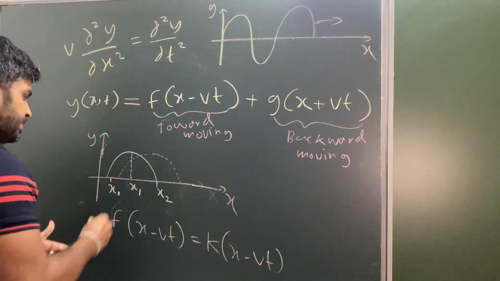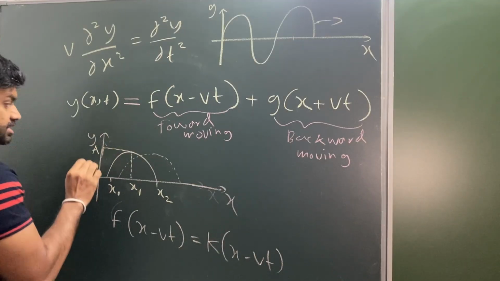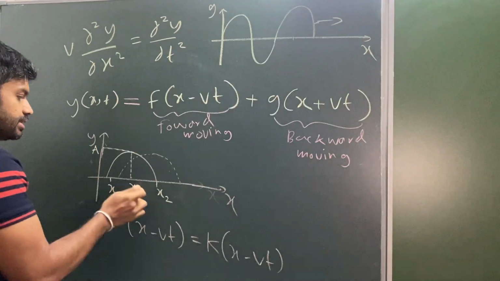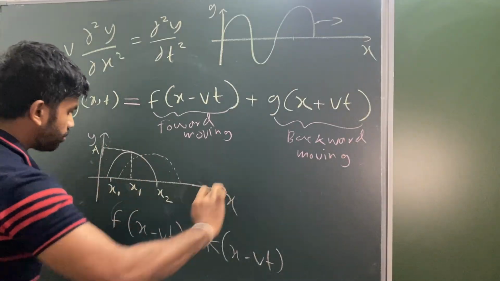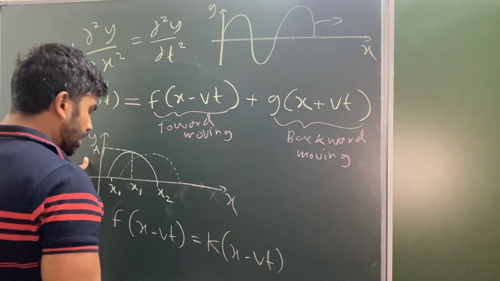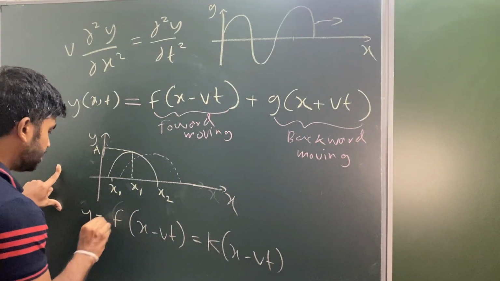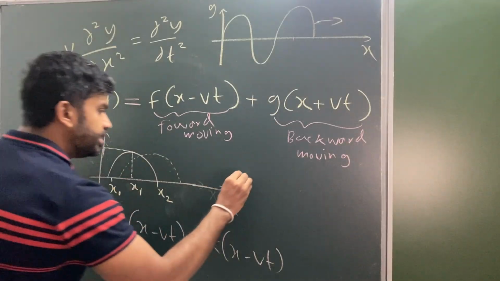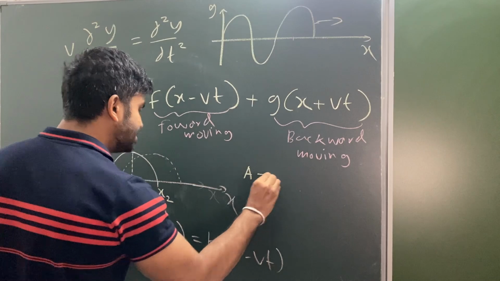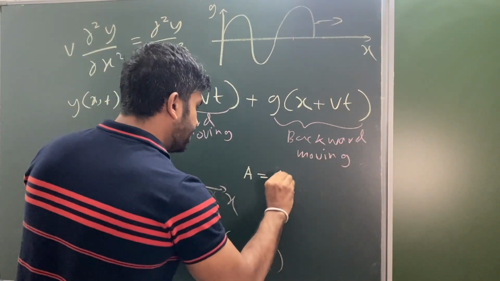Imagine this is, let me take it as amplitude, a. If the displacement obtained by the wave at this point is a, this particle when the wave propagates is a, so this y can be replaced by this a, which is equal to k.